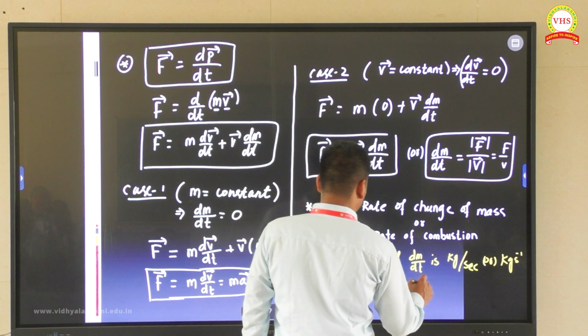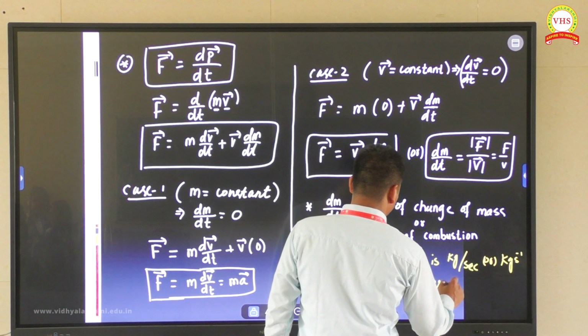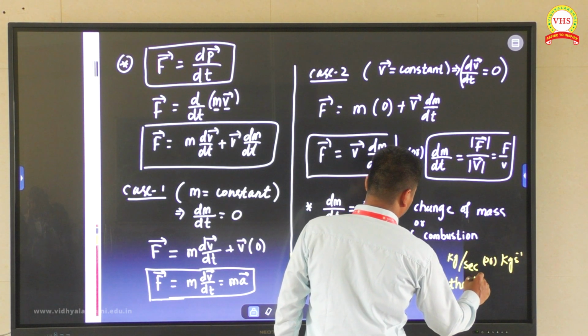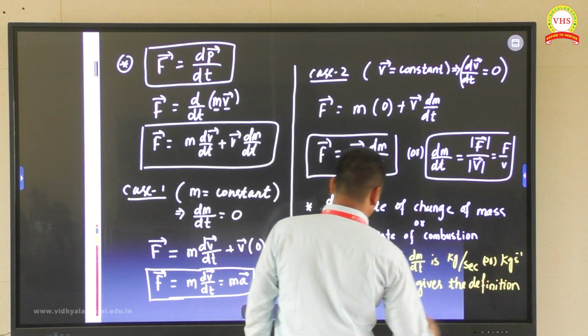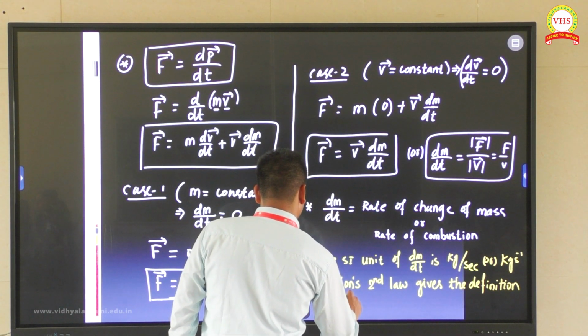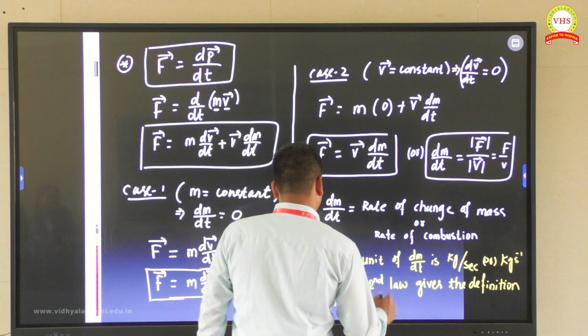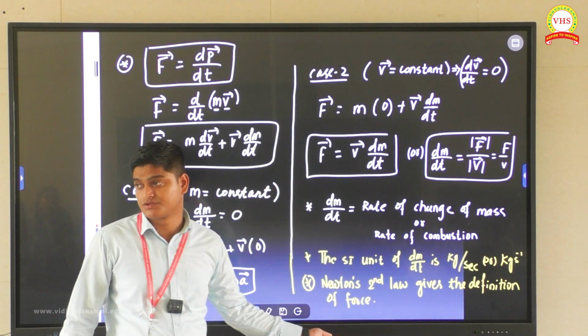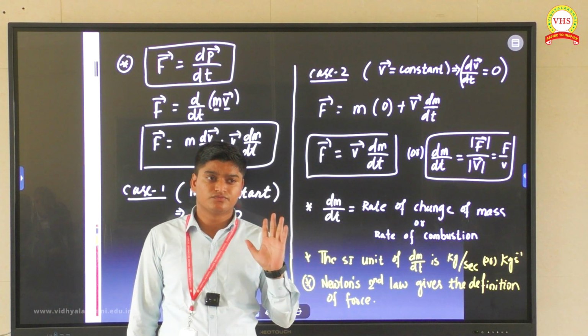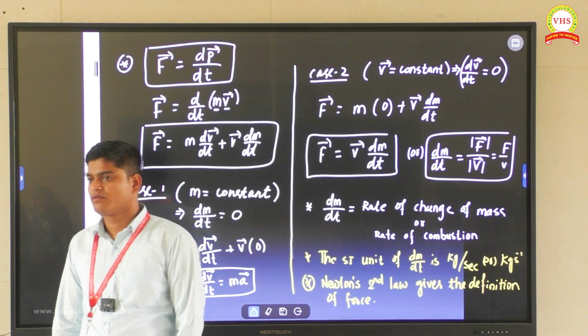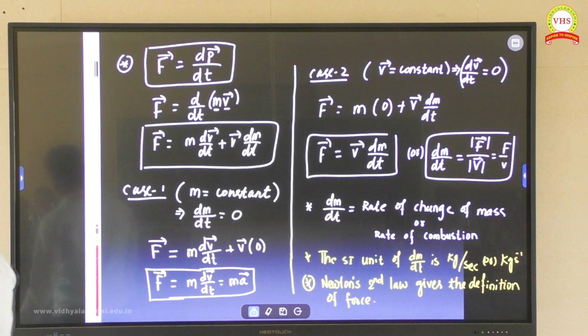Second law gives the definition of force. Write down: the definition of force. Newton's second law gives what? Definition of force. Newton's first law gives what? Physical significance of force. But Newton's second law gives the definition.